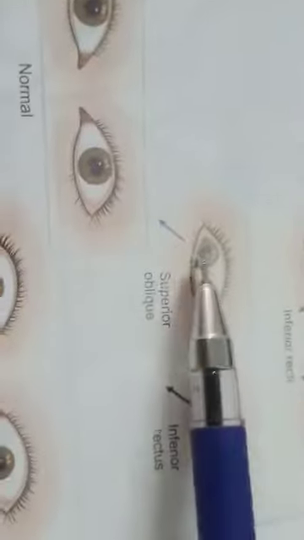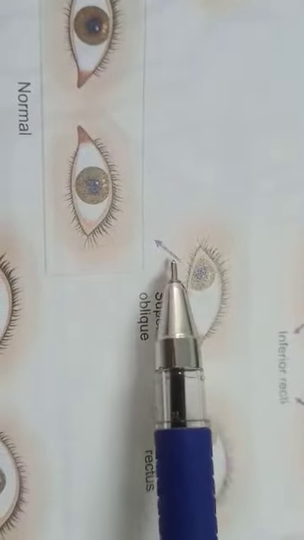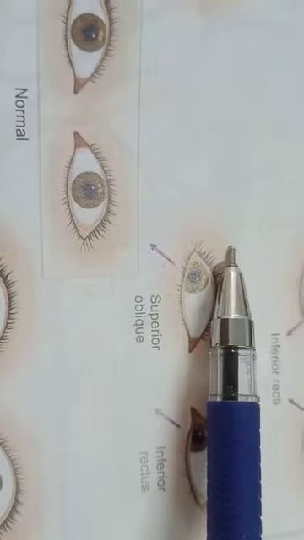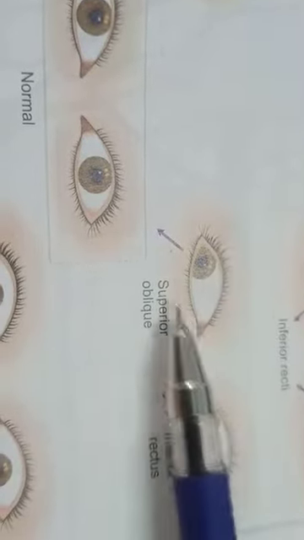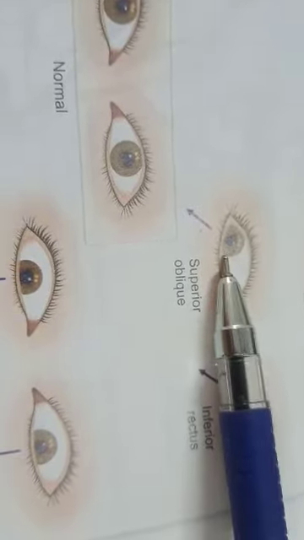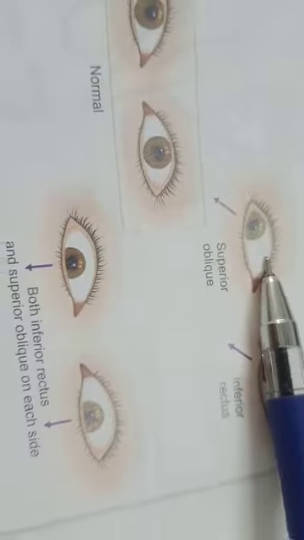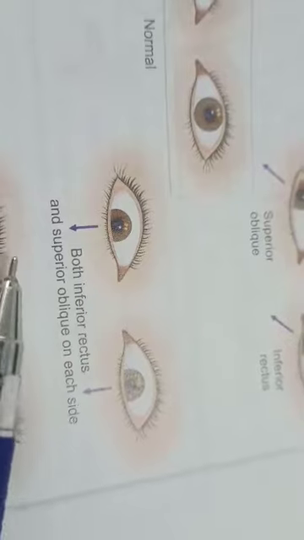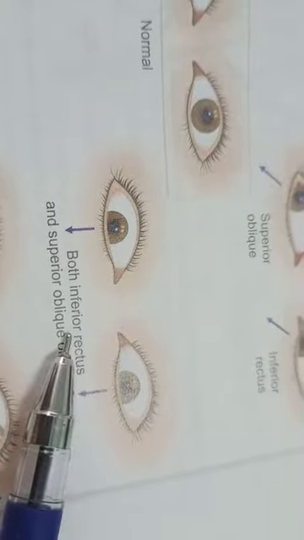Here we can see superior oblique helps in the abduction, depression and also intorsion. This is the action of the superior oblique. This is the combined action of the inferior rectus and the superior oblique muscle.